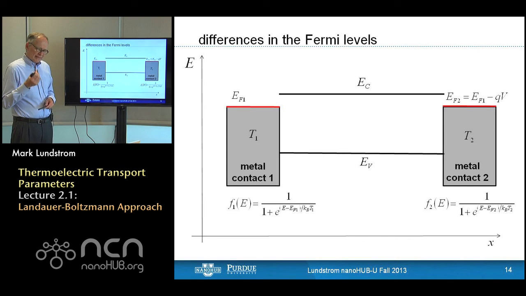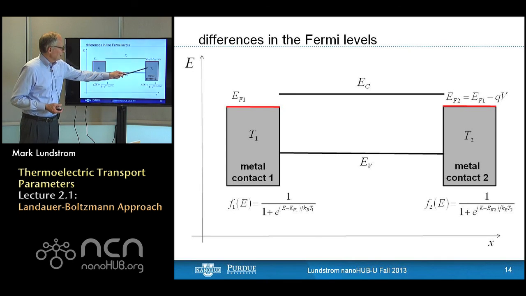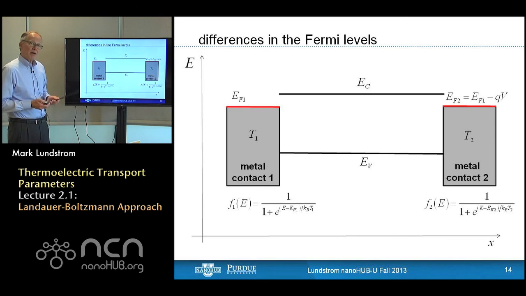But we learn in basic semiconductor physics that if you apply a positive voltage, you pull the electrochemical potential or Fermi level down. So a positive voltage on contact 2 will lower the Fermi energy. Now I'm going to have a difference in Fermi functions between the two contacts, and current is going to flow.